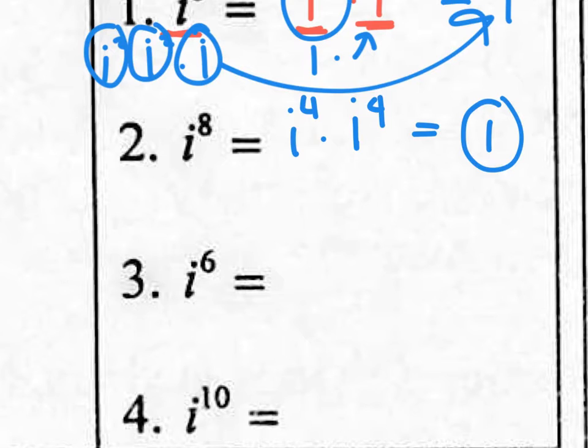What's the fact that I'm asking you to memorize? i squared is negative 1. So let's rewrite i to the sixth in terms of i squared: i squared times i squared times i squared, because that's really i to the sixth, right? So what's my final answer going to be? It's going to be negative 1.